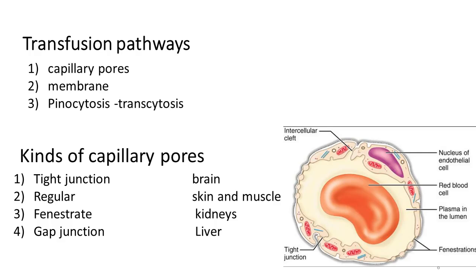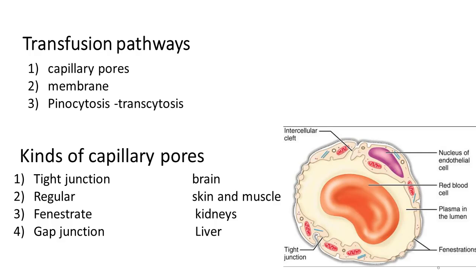As you can see in this figure, two endothelial cells are tightly bonded with each other with tight junctions, and the transfusion of gases and molecules is very restricted in this way. Because of that, the delivery of some drugs to the brain is very hard.